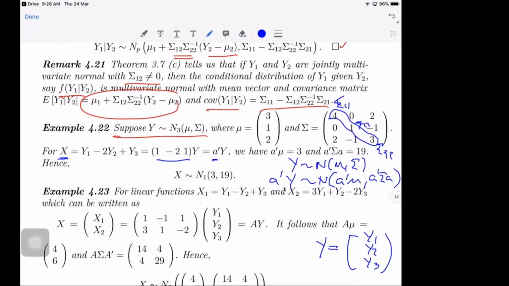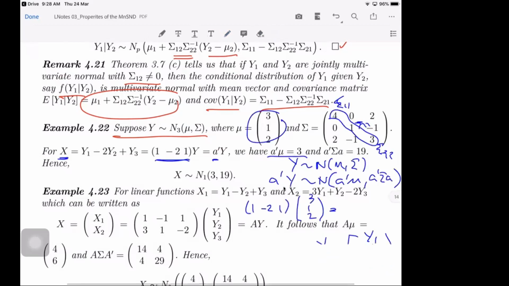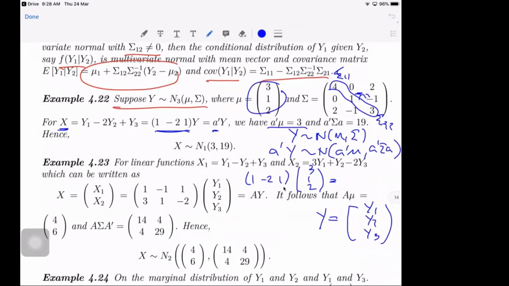So applying this concept, you will get A prime mu to be equal to, this is your mu. So your A prime is this. So what you have is 1, negative 2, 1 times 3, 1, 2. So the vector multiplication will yield this times that.